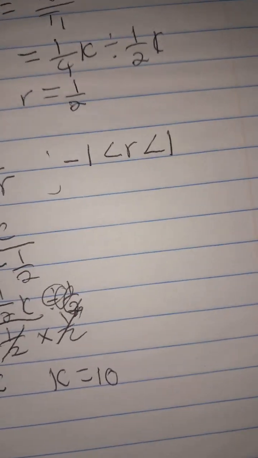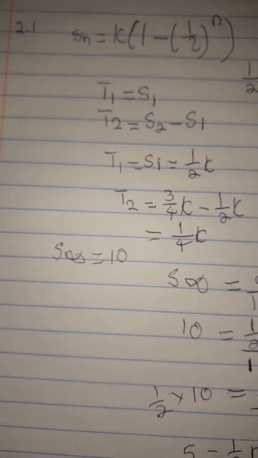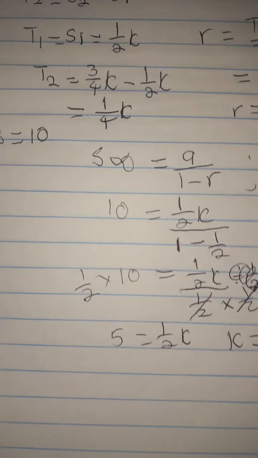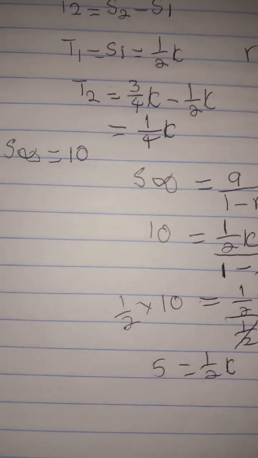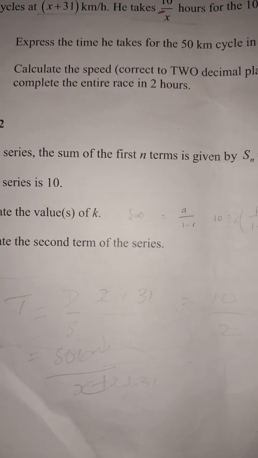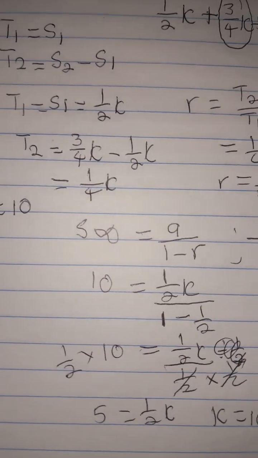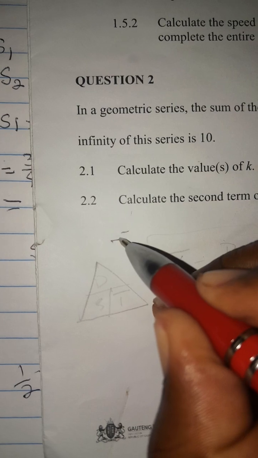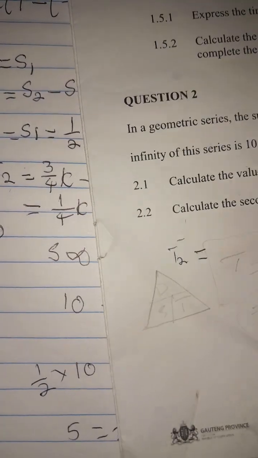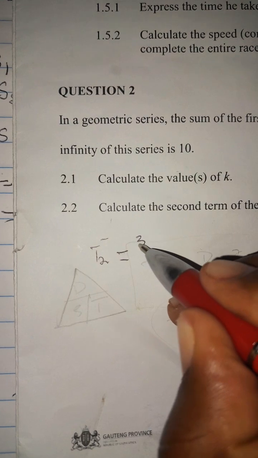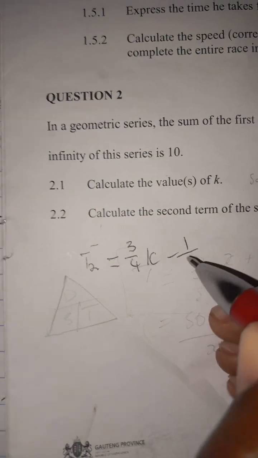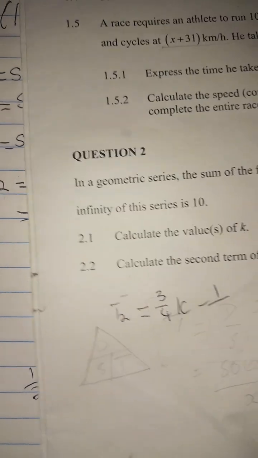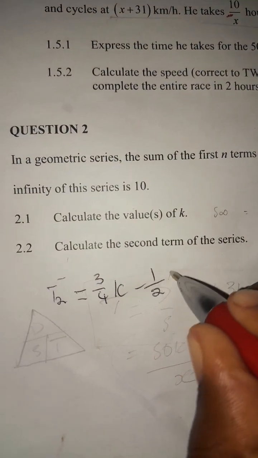Hope you saw how you can work out 2.1. All right, let's work out the last question: calculate the second term of this series. Our second term t2 is equal to 3/4 k minus half k.